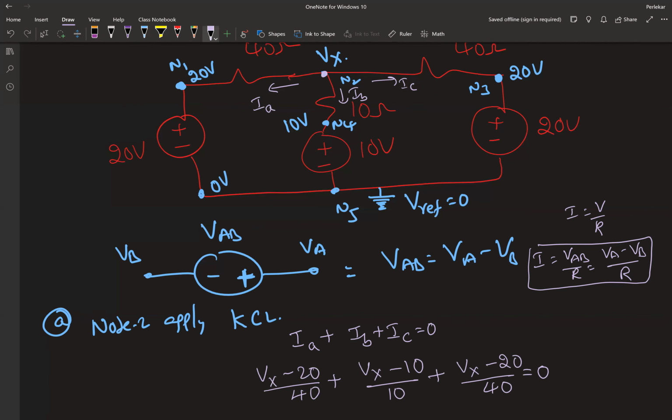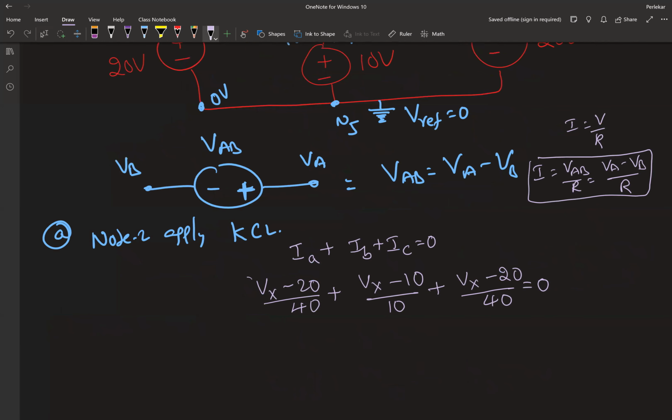IA is nothing but this voltage minus this voltage, so Vx minus 20 divided by the resistor, which is 40. IB is Vx minus 10 over 10. And IC is Vx minus 20 divided by 40.